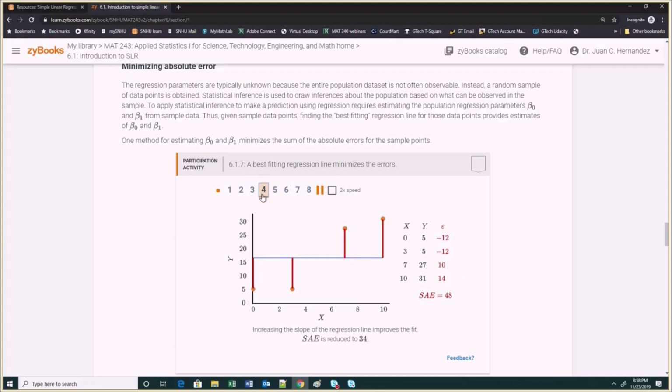Now if we move forward, instead of a line that was parallel to the x-axis, if we have a line that is slightly slanted, then you'll see that the error will decrease a little bit from before. If we keep doing this, the error will keep decreasing.